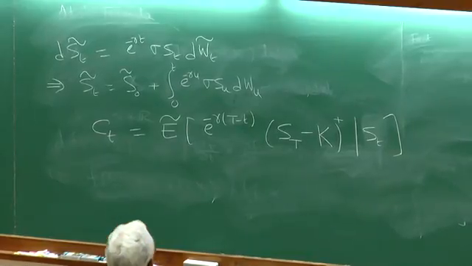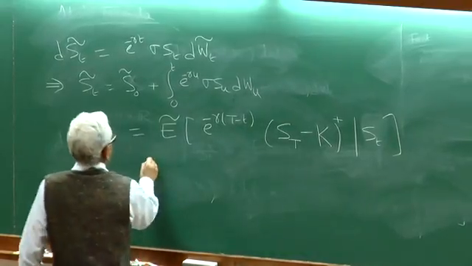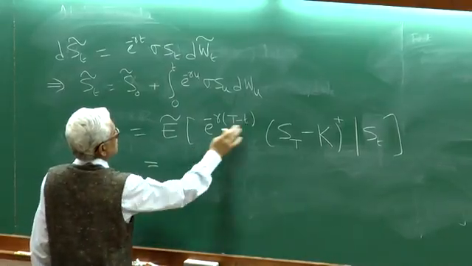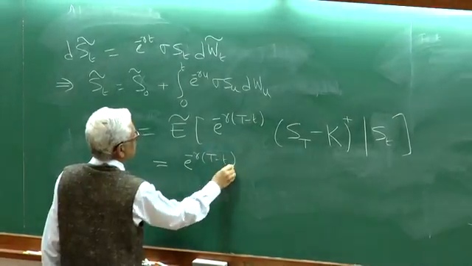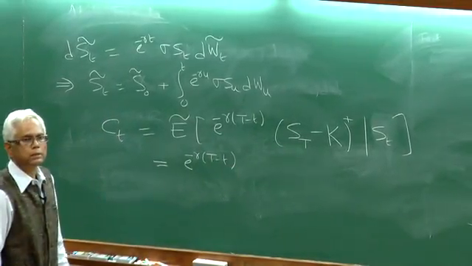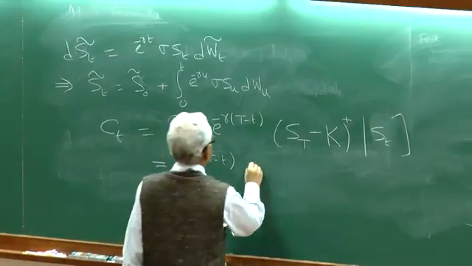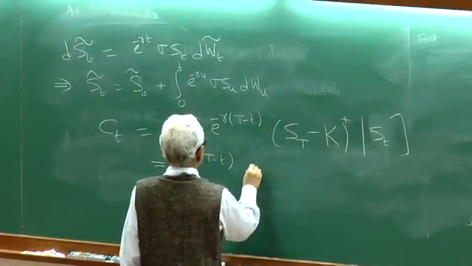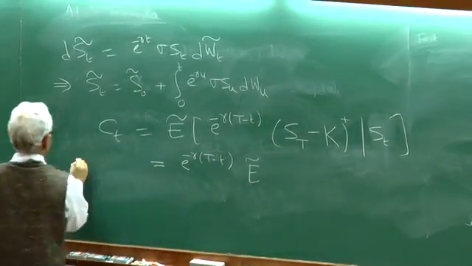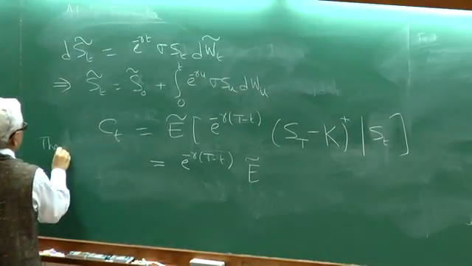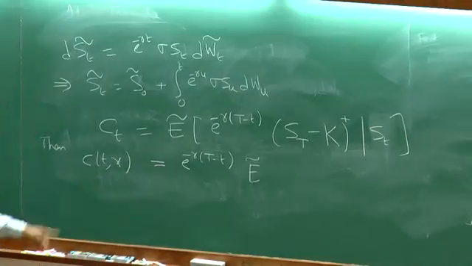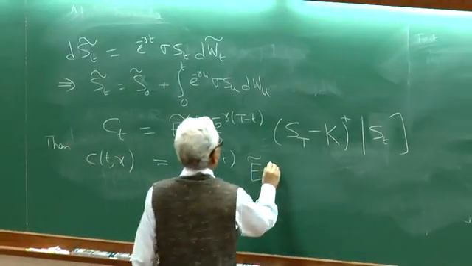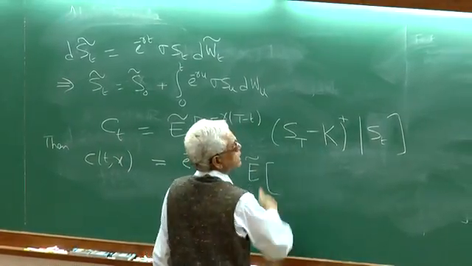How do I calculate this? Let's see. I will calculate this. This is e to the power minus r(T minus t), a deterministic quantity, right? It doesn't appear in the expectation. E tilde, and I want to calculate Ct of x. That means St equals x. So what is ST?